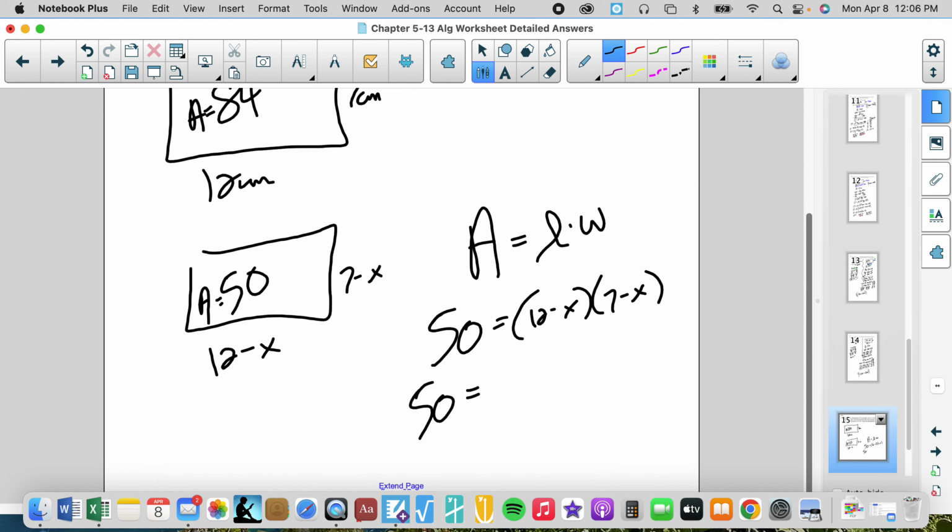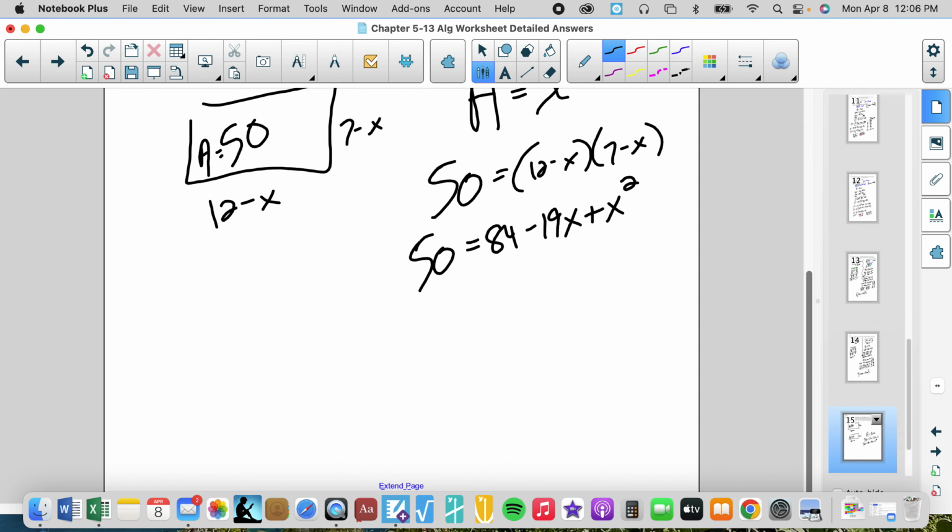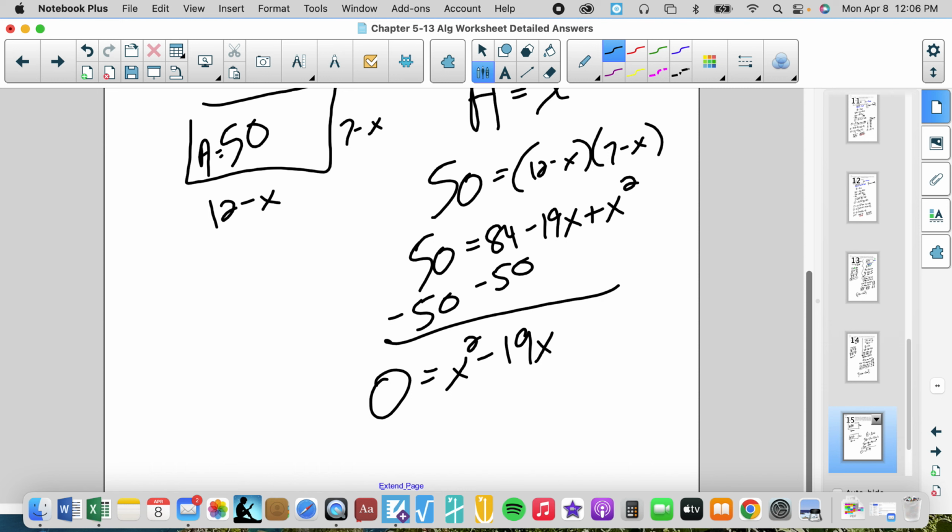Let's FOIL that. That's going to be 84 minus 19x plus x squared. Let's subtract 50. 0 equals x squared minus 19x plus 34.